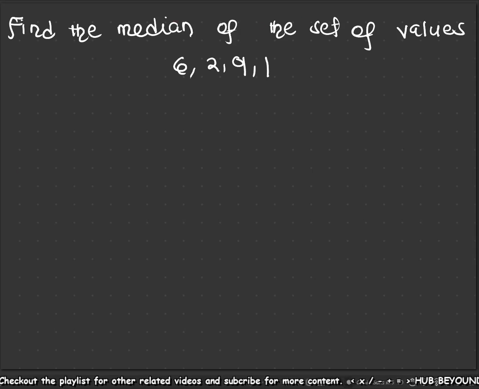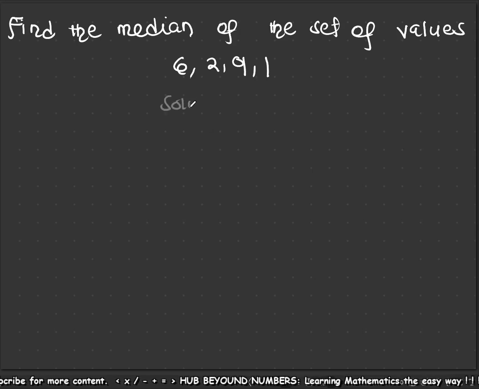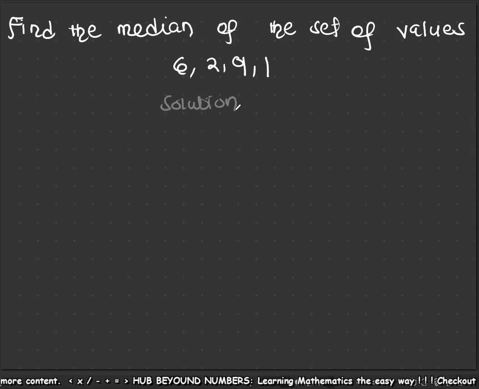So this is the question here. It says we have to find the median of the set of values 6, 2, 9, and 1. So for our solution, we first of all need to order these. Ordering it simply means we are arranging it from smallest to biggest. The smallest is 1.